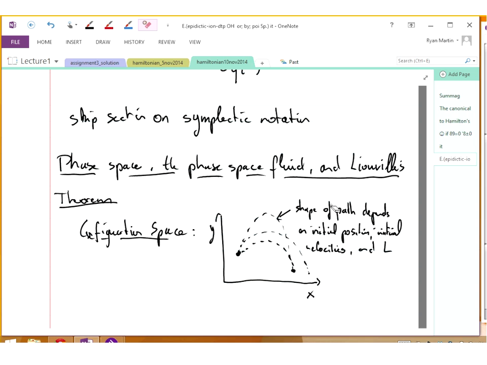Well, maybe it's not the shape of the path, maybe it's just the path that depends on that. Now in phase space, that's not the case.